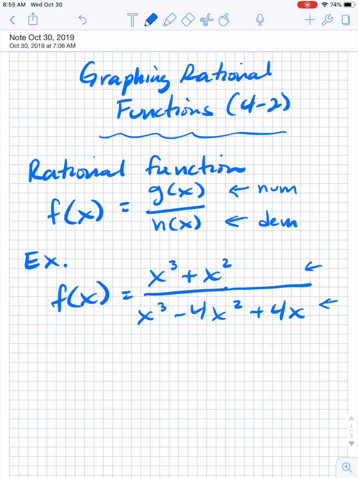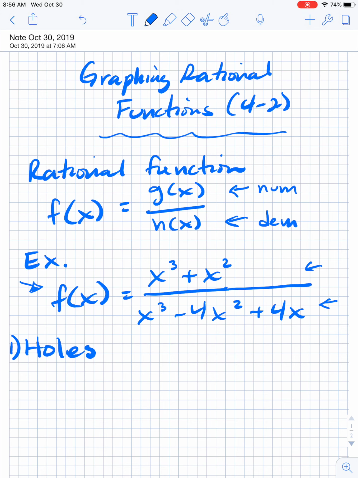Okay, but these two functions make up the actual function that we're interested in, right? The f of x. So what we do with these functions, the first thing that we want to look for is holes.